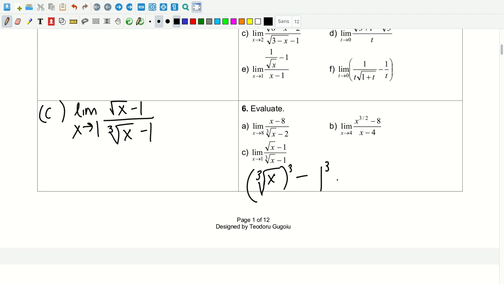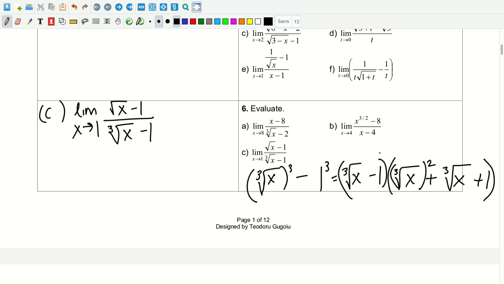1 cubed is 1, right? Now, we've broken something like this up before. So what we ended up getting was the cubed root of x minus 1, and then we got a factor of cubed root of x squared plus the cubed root of x plus 1.